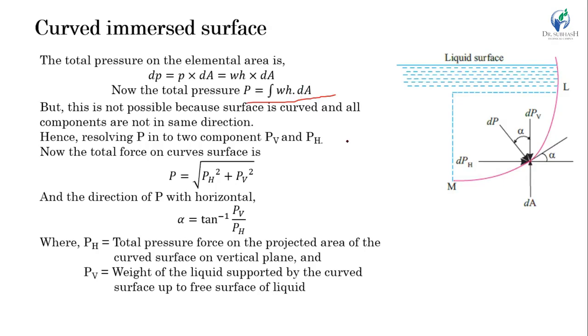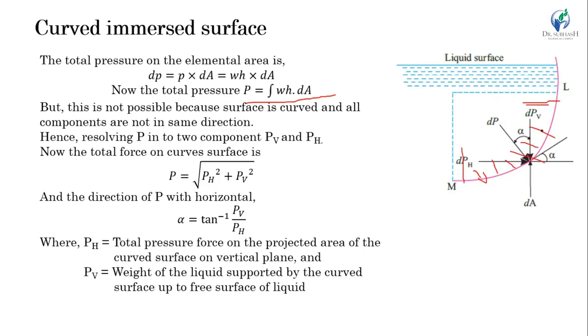But here, let's consider the fundamental definition of pressure: the pressure force acts on the surface in the perpendicular direction to the surface with which it comes in contact. So the pressure force is always acting perpendicular to the surface, and for that all the components have different directions.